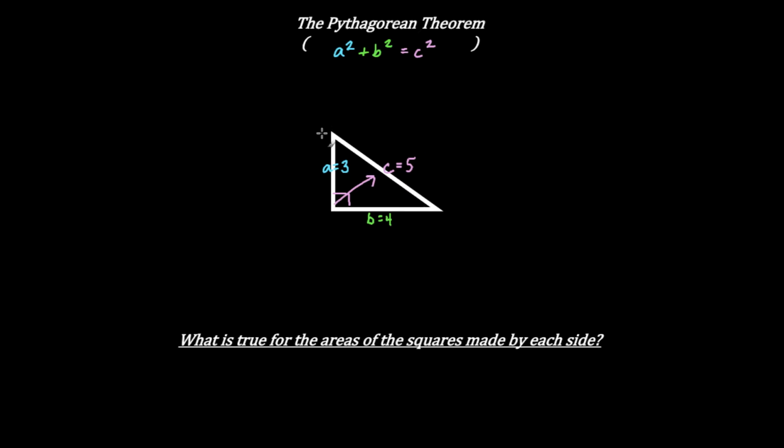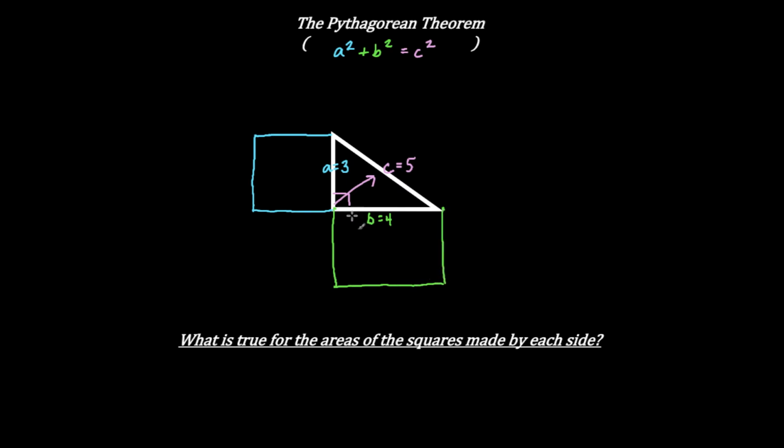You see this side right here, this leg, I'm going to use it to make a square. Square here, square here, square here. I want to make a square here.